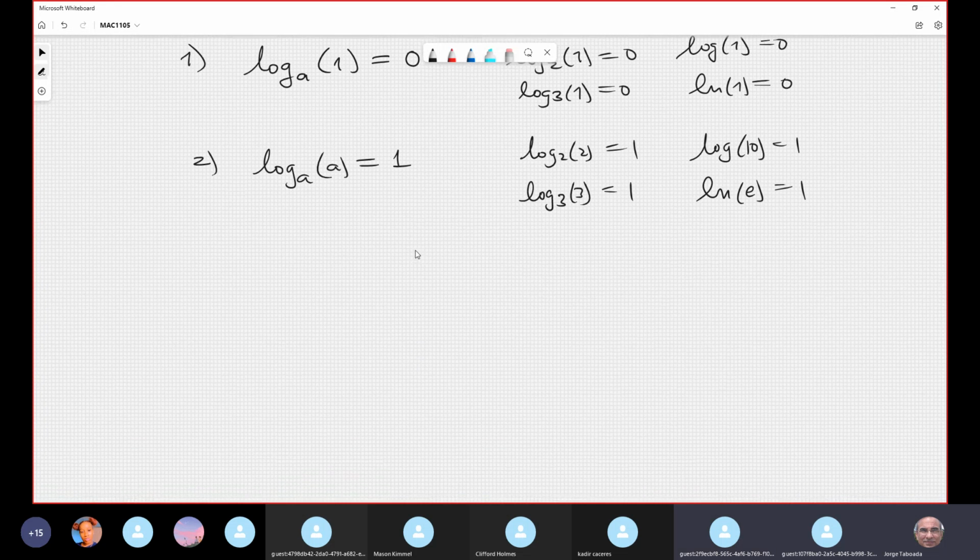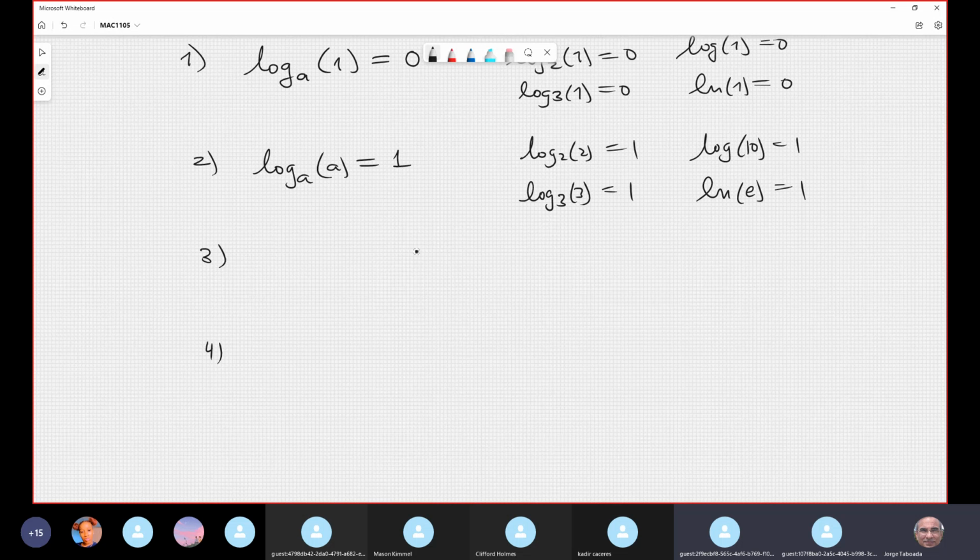And properties 3 and 4. Properties 3 and 4 are similar because it's the composition of the exponential and logarithmic functions together. Remember that both functions are inverses of each other.